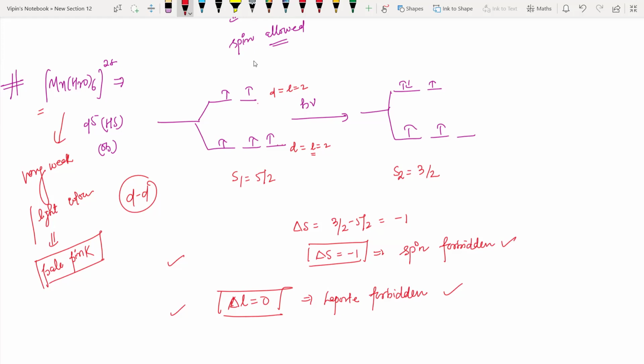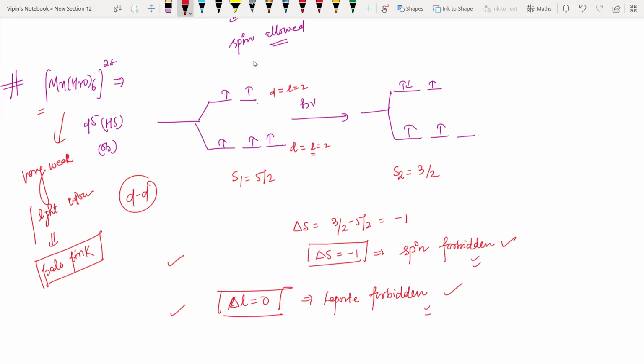But a very weak or light color is possible only when there is some absorption of light. Absorption of light suggests there must be a very small amount of electronic transition. Electronic transition is possible only when there is some relaxation in the selection rule.